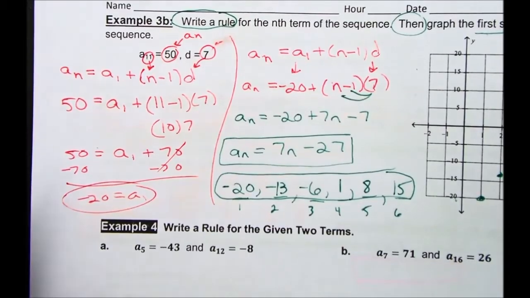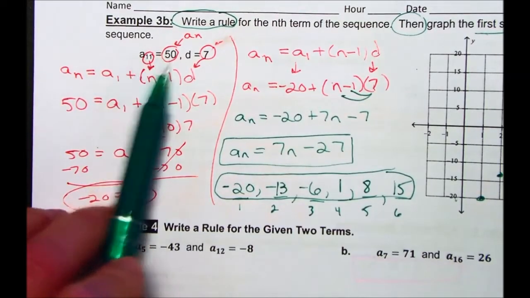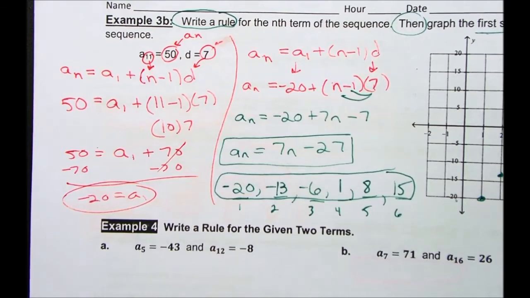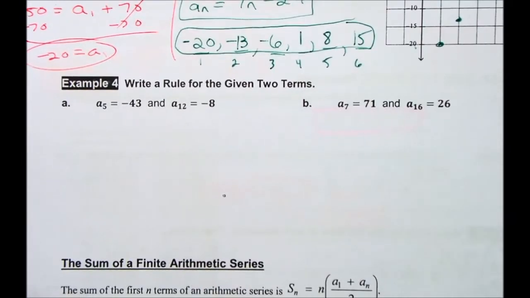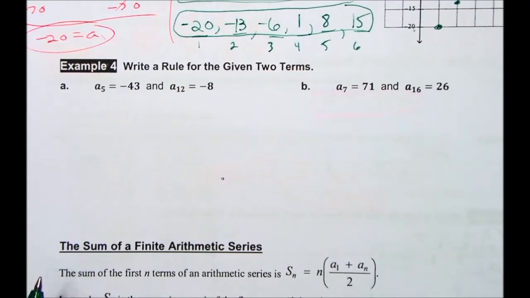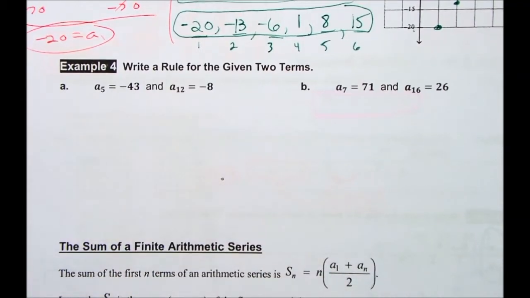And what were we given? You were given one of the points or terms, and you were given the common difference. Well, what if instead of being given the common difference, you are given 2 terms? Kind of like when you're writing a linear equation and you're given 2 points. This is the same idea.